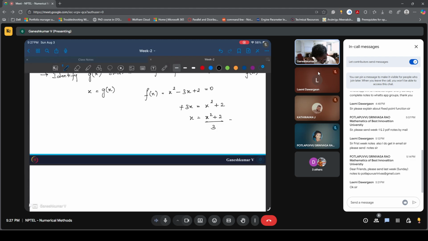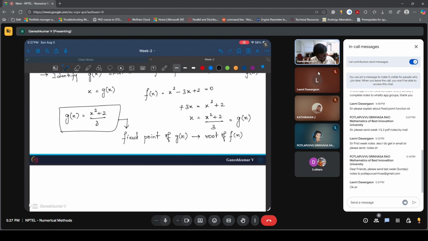Now you can write this as g of x, right? So now we have identified a g of x, which is x square plus 2 by 3. Okay, now the fixed point of g of x is the root of f of x.